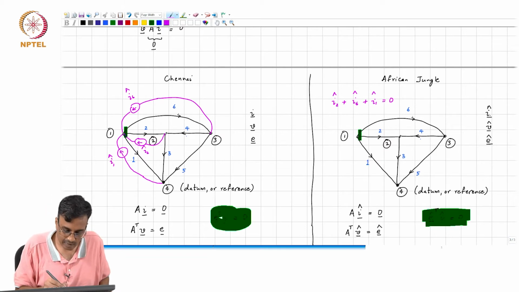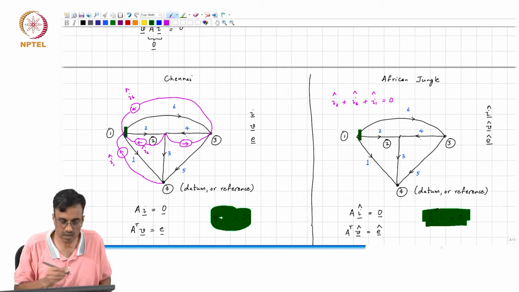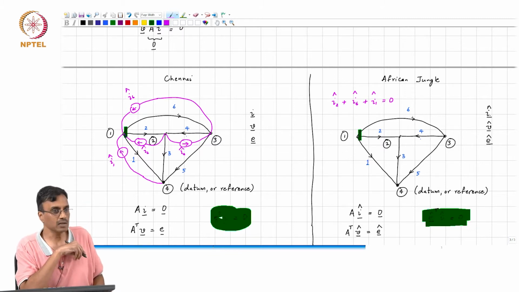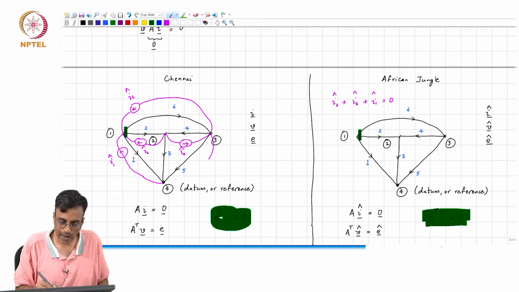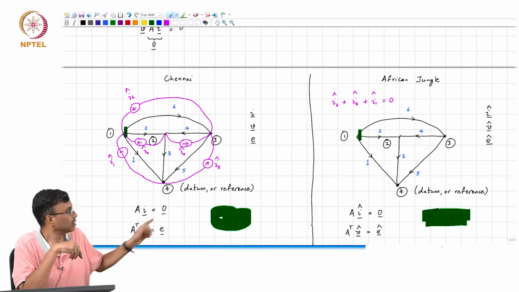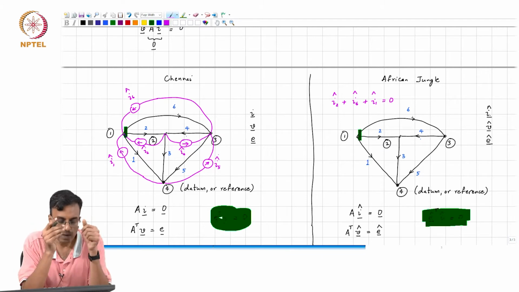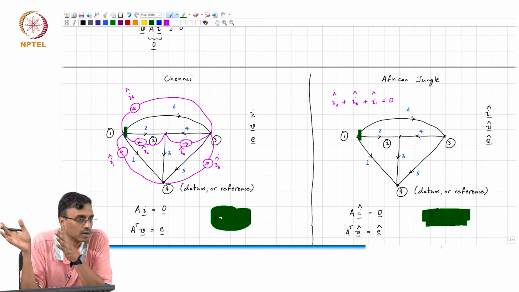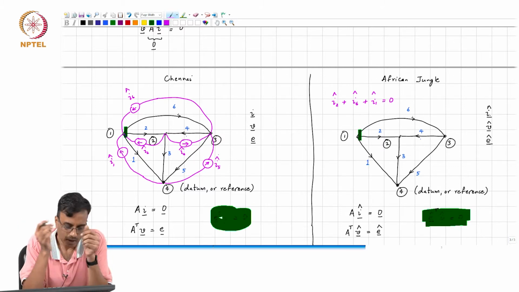Likewise, I am going to put in parallel with every branch in this network a current in the opposite direction. Where am I getting these currents from? These hatted currents pertain to the second network.